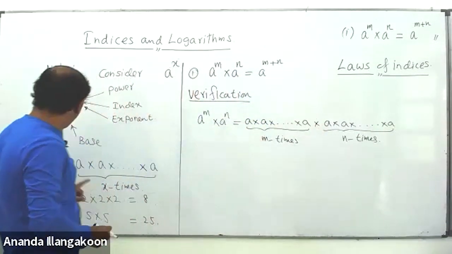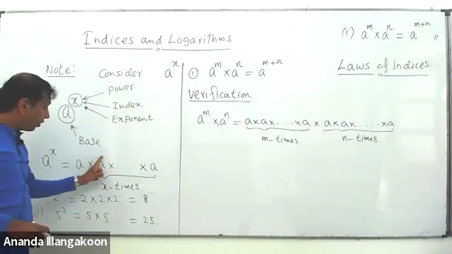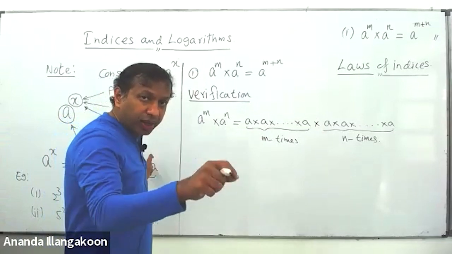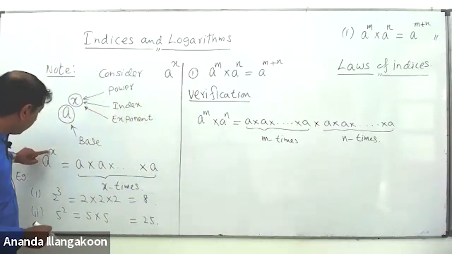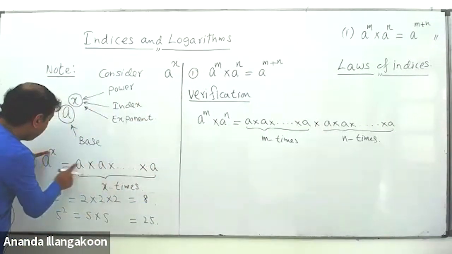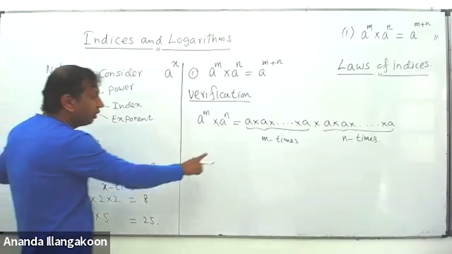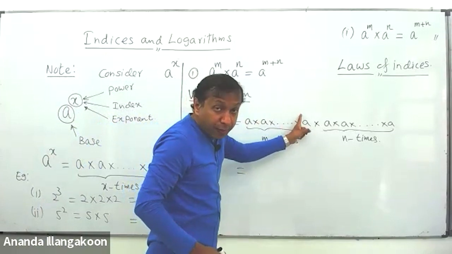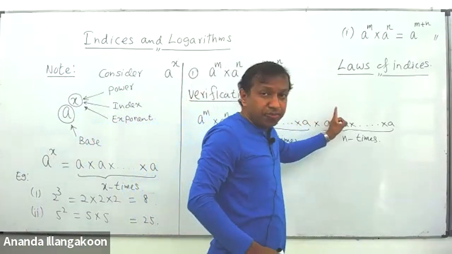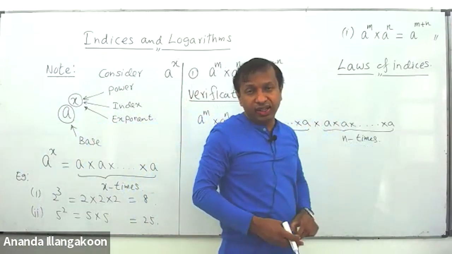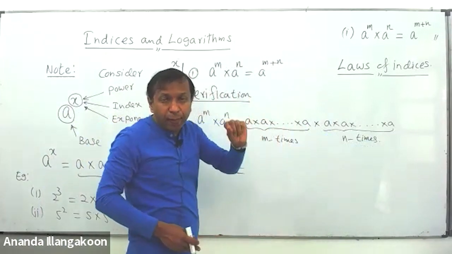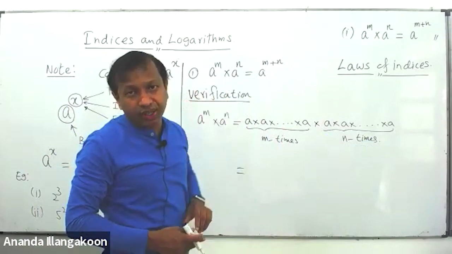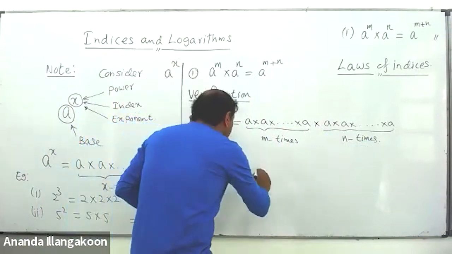Then according to this notation, if we have m plus n number of a's on the right hand side, it is written, people, how?